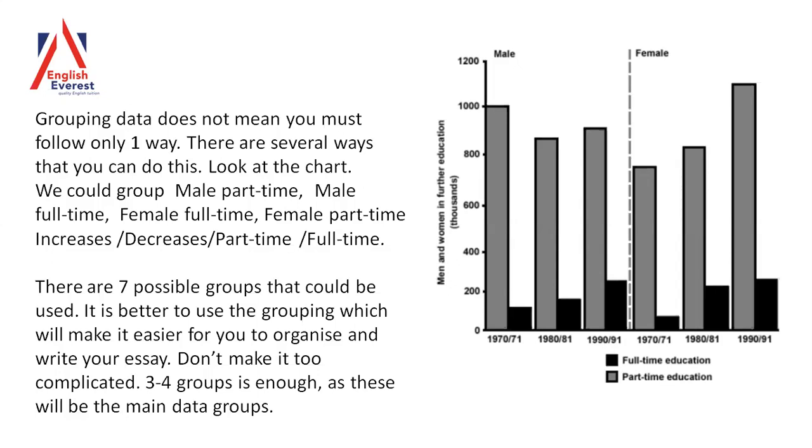So there's lots of different ways that you could organize your essay, organize the groups. Here there are 7 possible groups that could be used. It's better to use the grouping which will make it easier for you to organize and write your essay. Don't make it too complicated. 3 to 4 groups is more than enough, as these will be the main data groups.